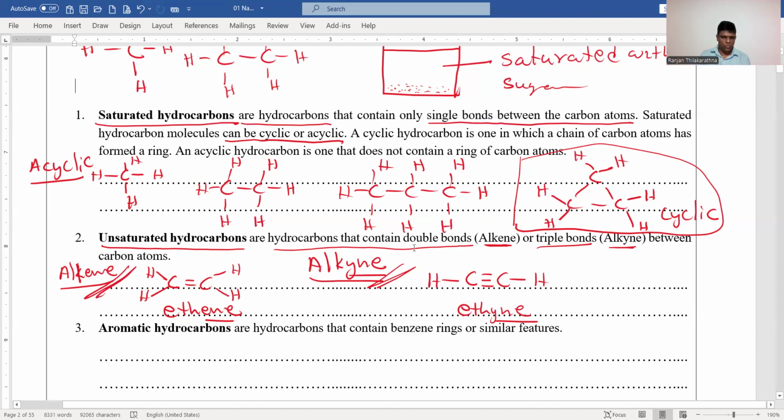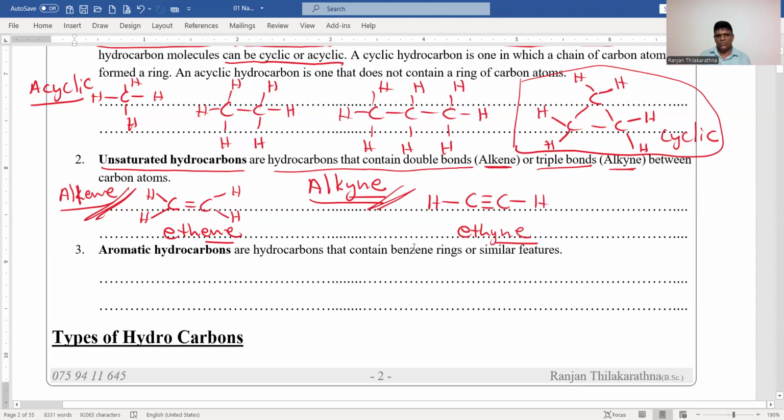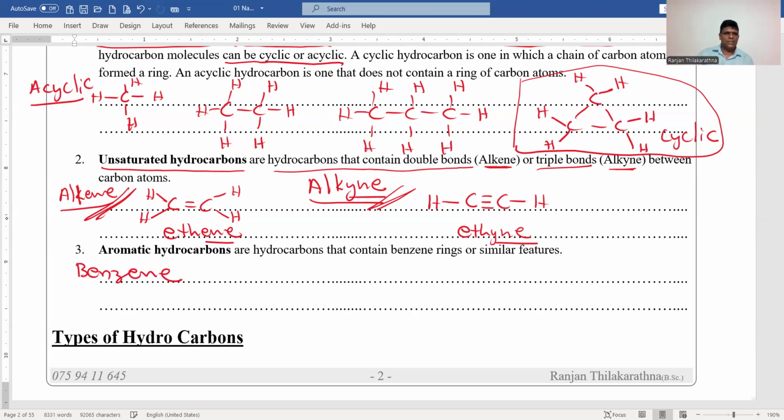Then aromatic hydrocarbons. This is a different class of organic compounds. We have a separate lesson to cover the chemistry of these aromatic compounds. The simplest aromatic compound is benzene. The aromatic hydrocarbons are the hydrocarbons that contain a benzene ring or similar features.